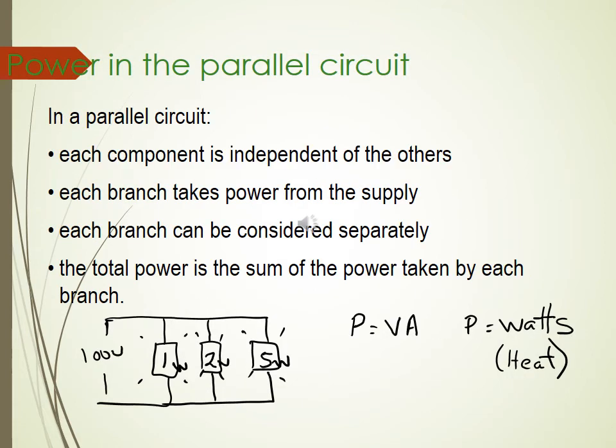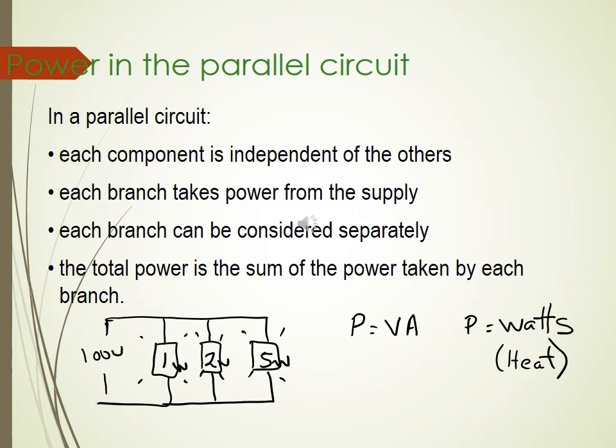It can be seen here in the drawing below that if we were to have a 100 volt supply and we had three devices, whatever they might be, the first one consuming 1 watt, second 2 watts, and the last one 5 watts. Let's just remember that power is, in very simple terms, given off as heat.